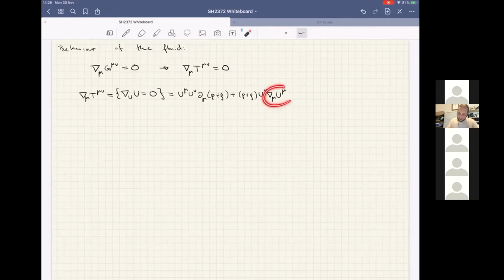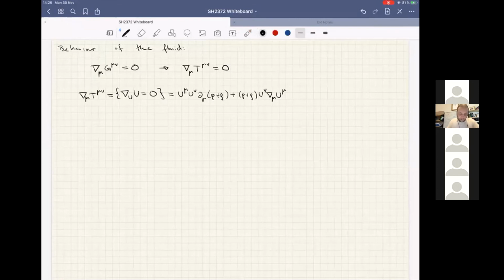Note here that this is not 0 generally, because it would be 0 if this was μ and this was μ, but that's not the case that we have here. We instead have a divergence of the co-moving four velocity field.